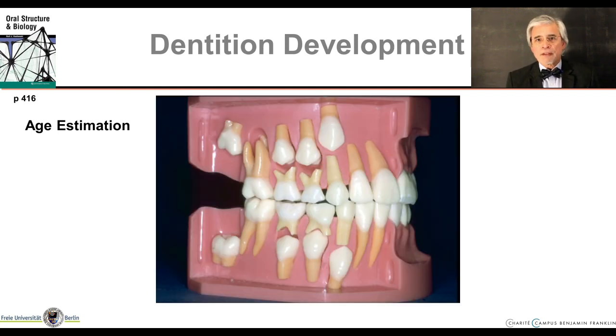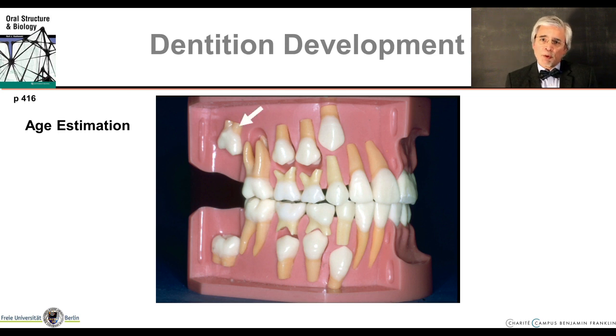And here we have a mixed dentition, phase 1. The deciduous teeth in the posterior region are still all in place. And the permanent incisors and the first permanent molars are fully erupted. So the child is at least 6 years old. Well, older than 6 because the roots of the erupted permanent teeth are almost completed.